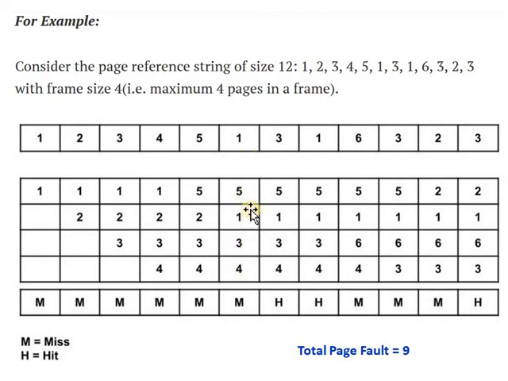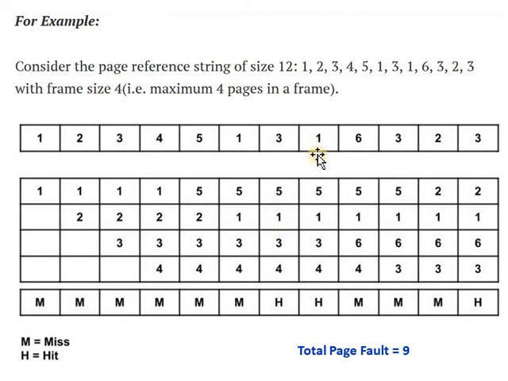What is the oldest page? 2 is the oldest page. So page 2 is replaced by 1. Then when 3 comes, it is available in memory. That means a page hit will occur. So no page replacement occurs because 3 is already present in the frame.